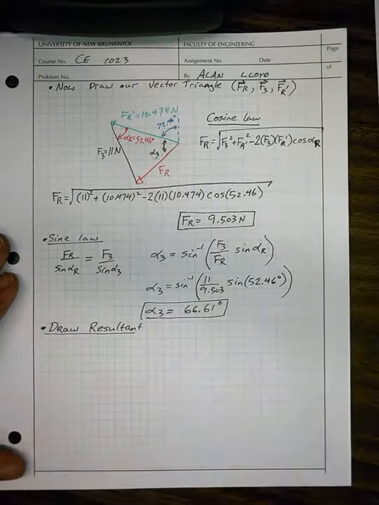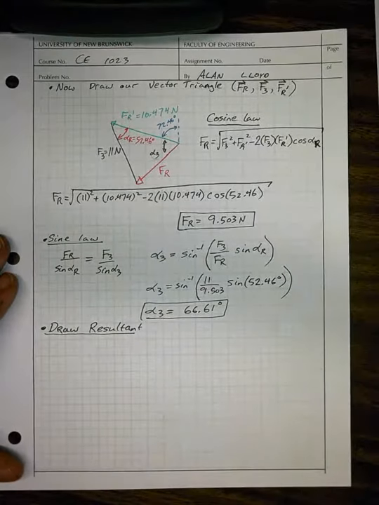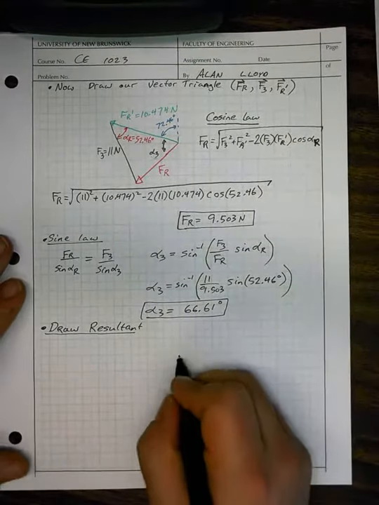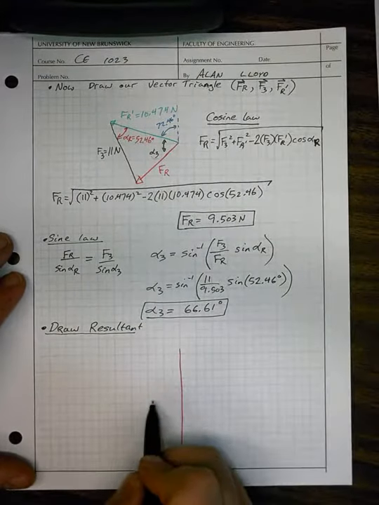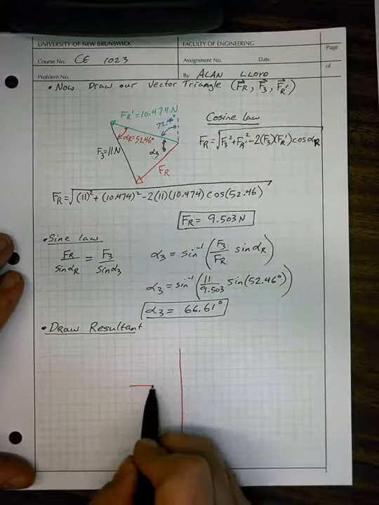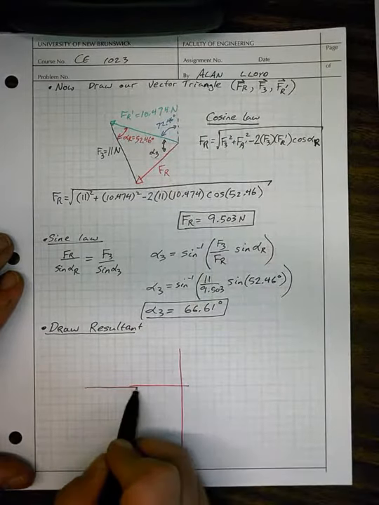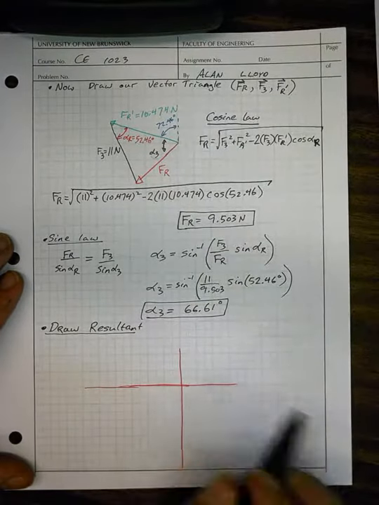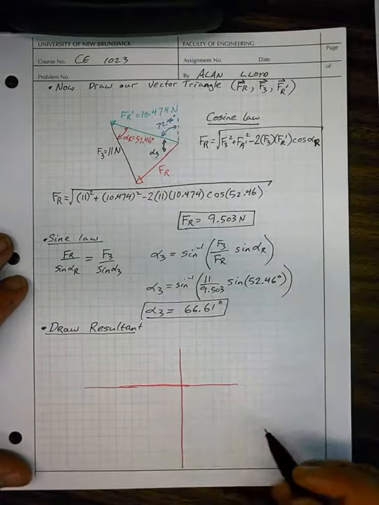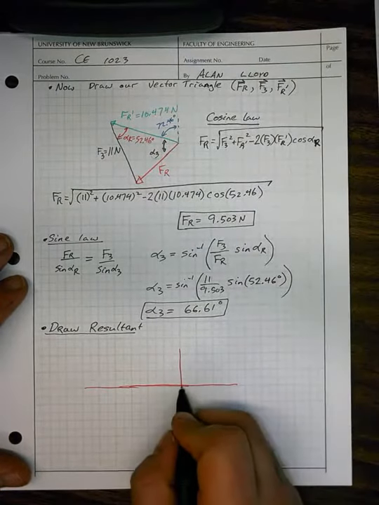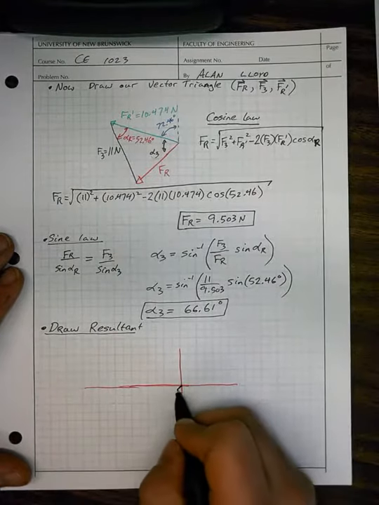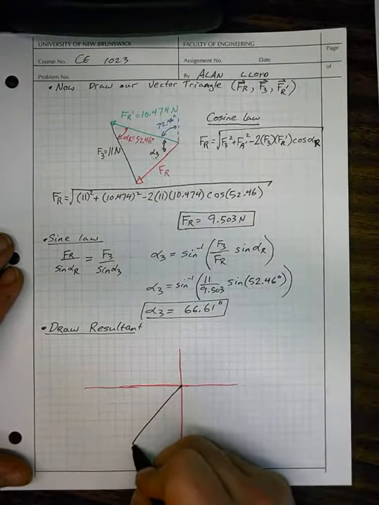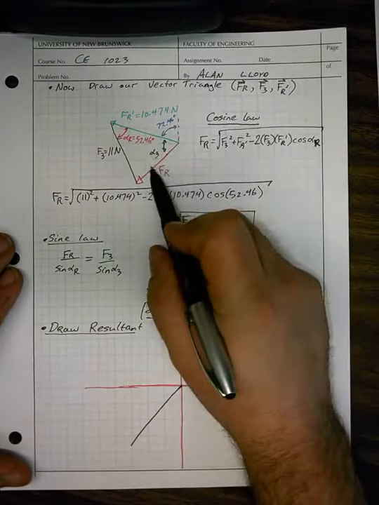So let's begin. We'll sketch in our coordinate system here. And then we'll draw in our vector, and this vector here is coming down and to the left, like FR.